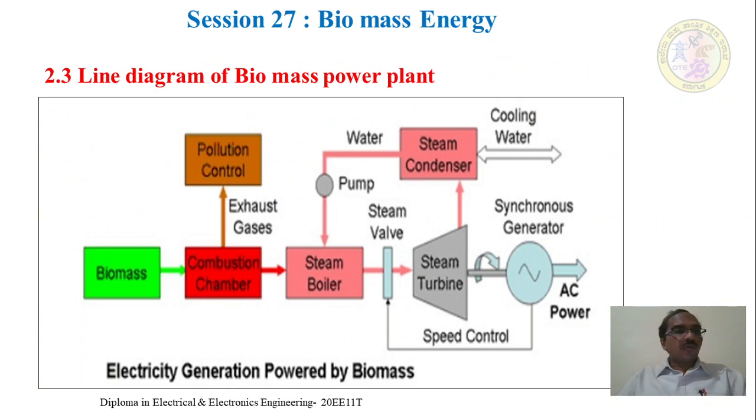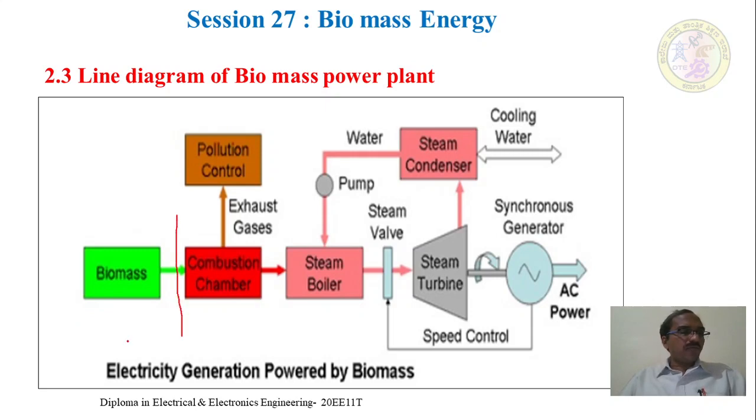Then let us go to the line diagram, or process flow diagram: how the biomass can be converted into electrical energy. Before we discuss each part in detail, let us see the process, what actually happens over here. You will have biomass, whatever the sources are.